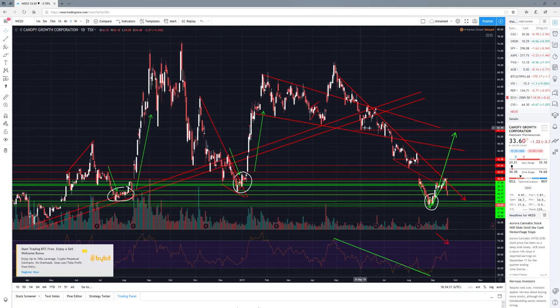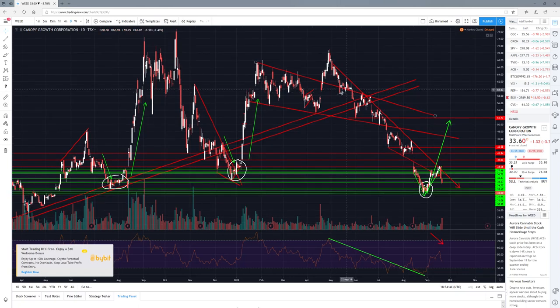So 52 bucks, I would say this is the base that really caused the breakdown. Well, actually, yeah, I would say that, or even here, 59 bucks could be it, another possible target for this run if it happens. 58 bucks, another level that was lost.